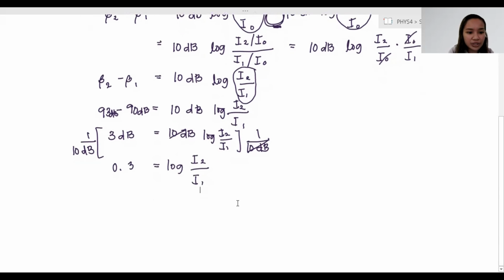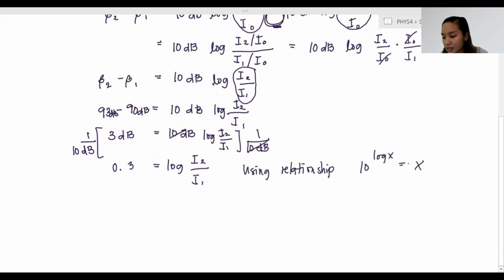Now using the relationship I presented in the previous problem, the relationship of 10 raised to log x is equal to x, this will give us I2 over I1 equal to 10 raised to 0.3. If you solve this, 10 raised to 0.3 gives you 2.0.